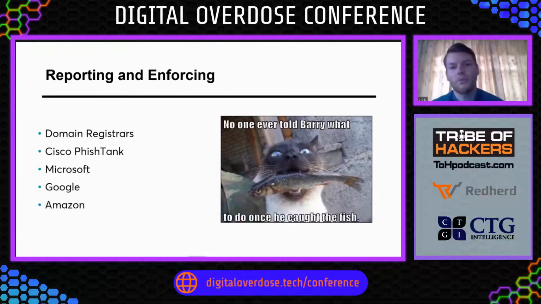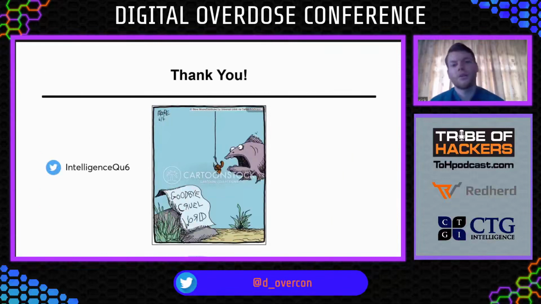You can report to Microsoft, Google, or Amazon. There are some specific links where you can report any attempt of phishing attack. I've reported some to Amazon, but I didn't receive anything back. Sometimes it takes time, so you have to have patience.